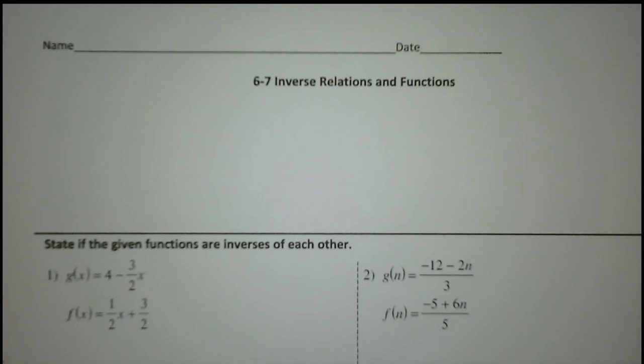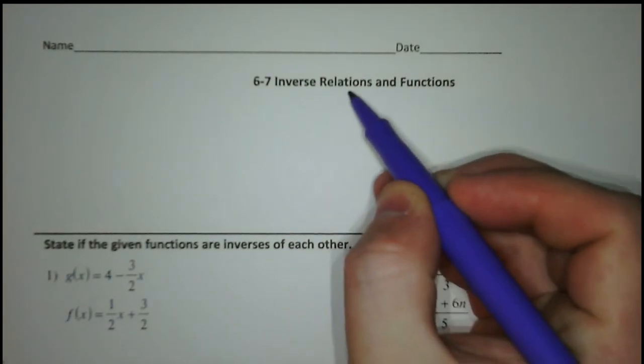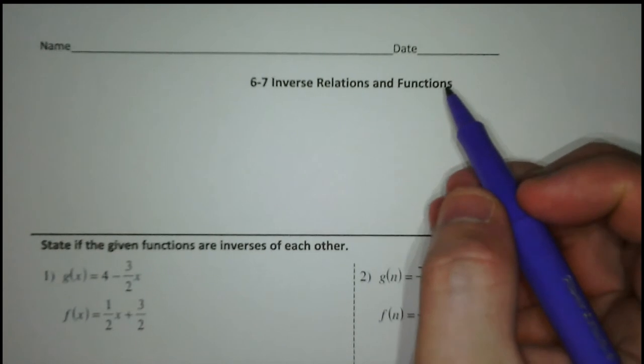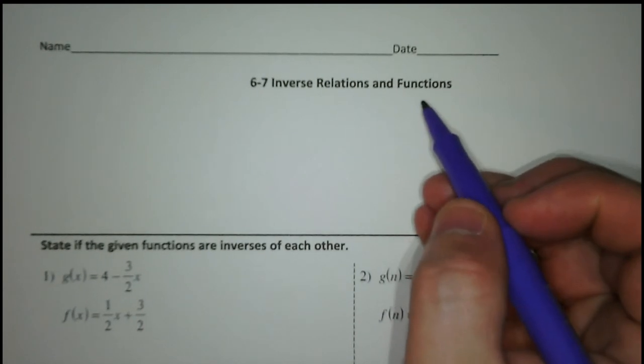And there's even other ways. There's inverse variations. I don't know if there's any word in math that has more meanings than the word inverse, but this is going to be the inverse of a function. Or relations, but I guess we talk mostly about things that are actually functions.